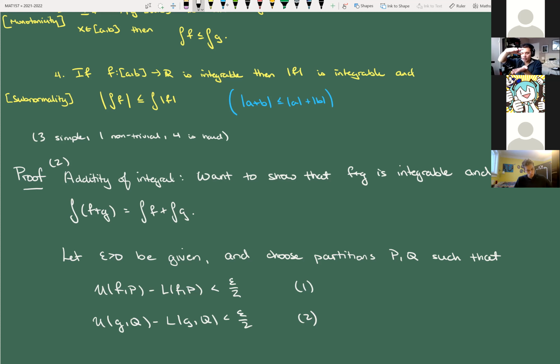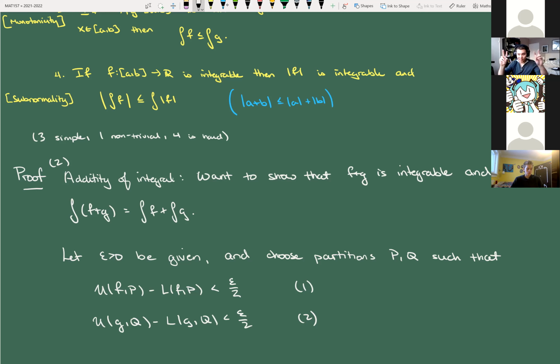And so if we're already looking at the difference between U and L, if I refine those partitions, they go like this. And so the difference between them actually gets smaller, right? So just like when you choose a delta, choosing a smaller delta also works. Once you've got a partition which works, any refinement of that partition will also work, right? So if you haven't convinced yourself of that, do, because we're about to use it.